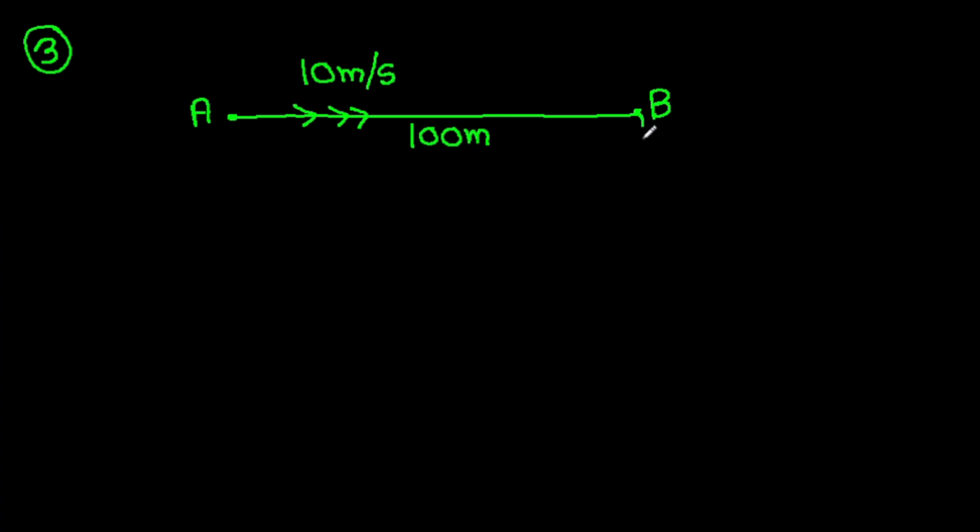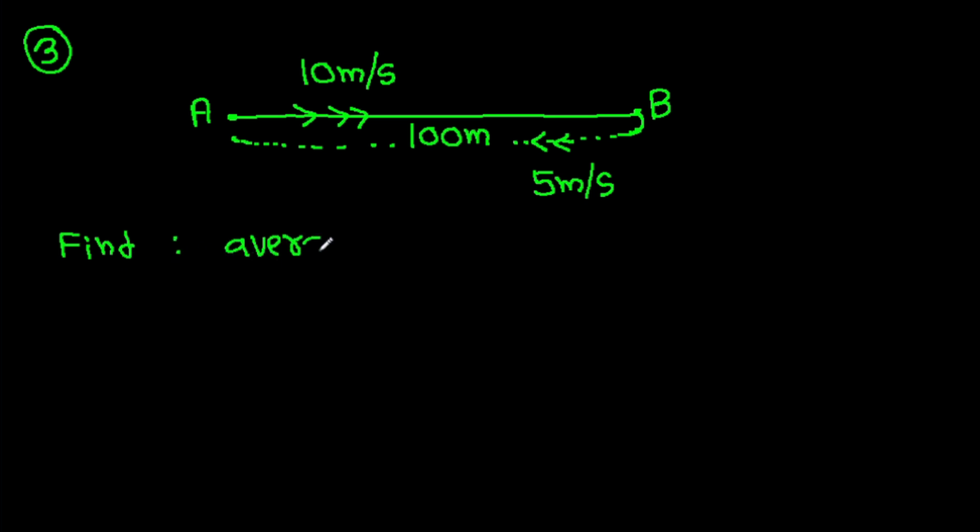Then returns from B to A, and at this time speed is 5 meter per second. Then we have to find average speed and average velocity.